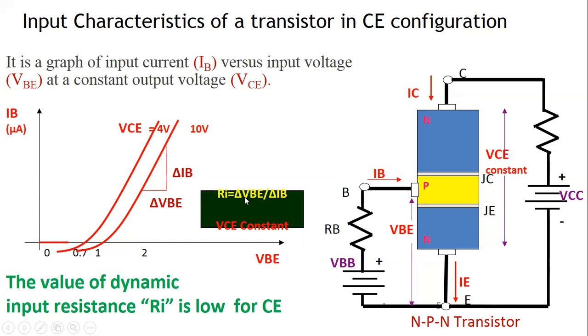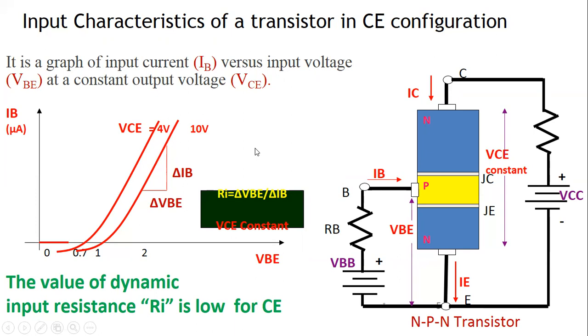That is the formula, and at that time we have to keep VCE constant, whatever VCE we apply between the collector and emitter. When we vary the base to emitter voltage, we get a variation in the input base current, and the ratio of change of base emitter voltage to change of input base current gives the input resistance of this device.